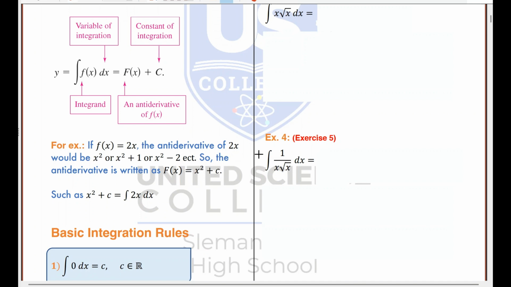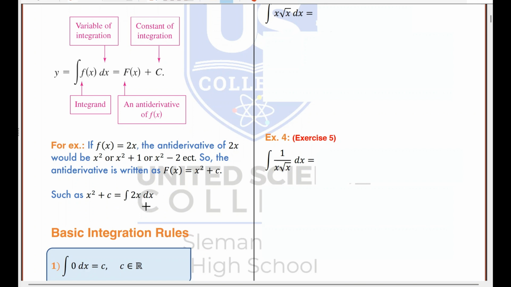So to generalize this antiderivative, we write it as x squared plus c, since we don't know what c is. When we write this by using integral, we use this symbol with the function given, the derivative.